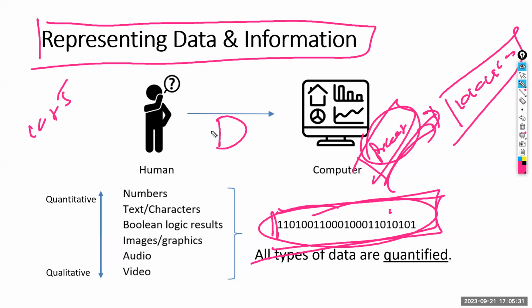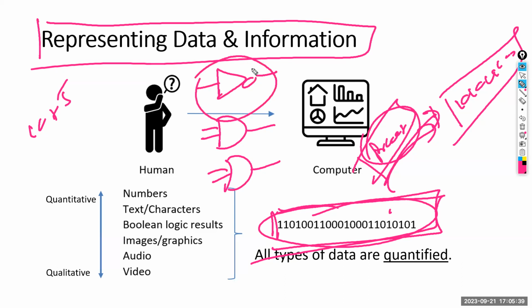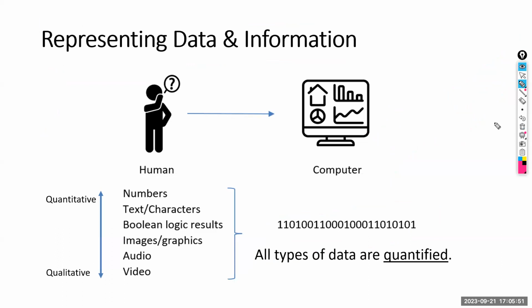We can even show it like this: AND gate, OR gate, NOT gate. But this is a concept. So these gates are made of what? Can someone tell me what these gates are made of in modern computers or modern microprocessors? Anyone?